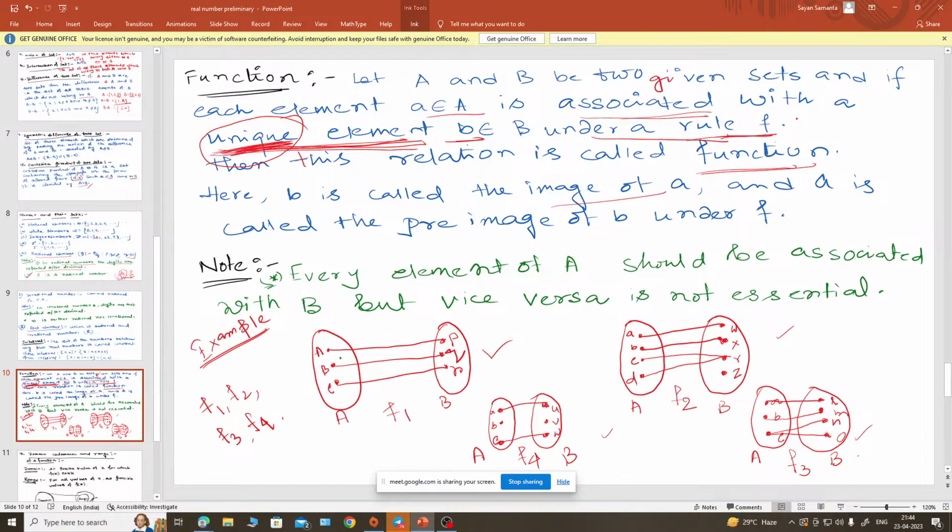So everyone try and please comment. F1, F2 function, and I mean you say that F1 this is function, but this is not function.